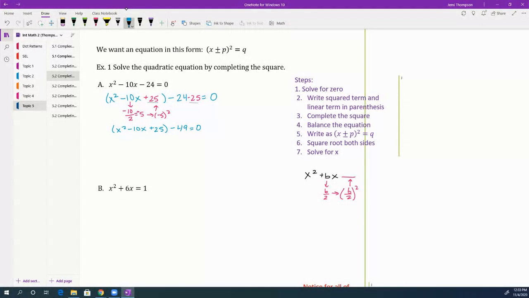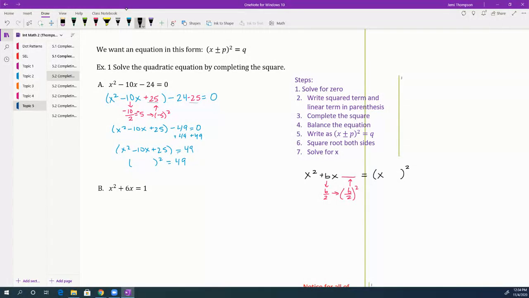Step 5, I want to write it in this form. So I'm going to do two things here. I'm going to factor the left-hand side, and I'm going to move the 49 over. Let's move the 49 over first. We'll just get that out of the way. And now I want to rewrite this as a perfect square. So we practiced this above.